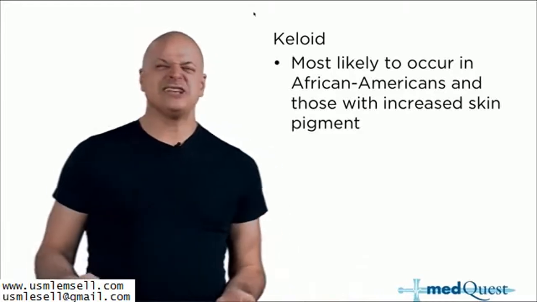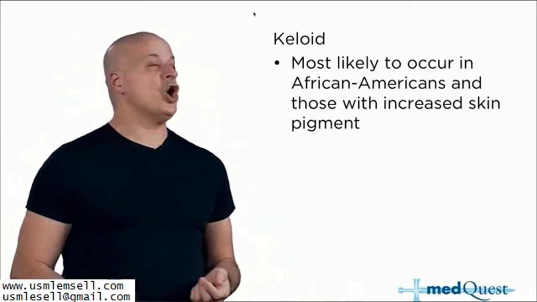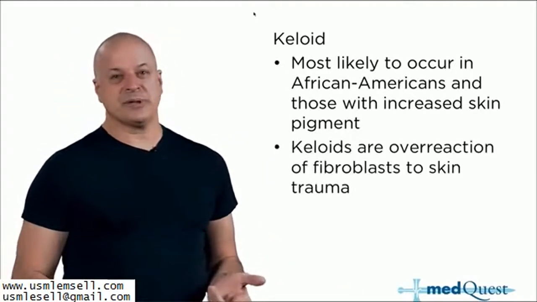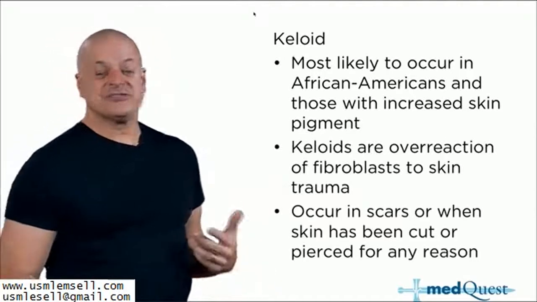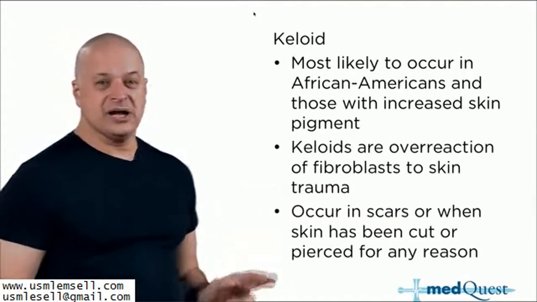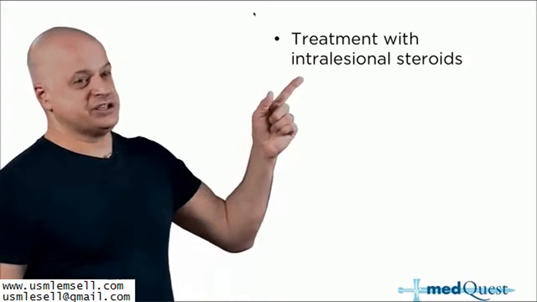In other words, it doesn't know when to stop. So a keloid is not a cancer, it's just an overexuberant fibroblast response. Keloids are an overreaction of fibroblasts to minor skin trauma, and basically it happens in scars and in people of color, and all you can do is give some intralesional steroids.